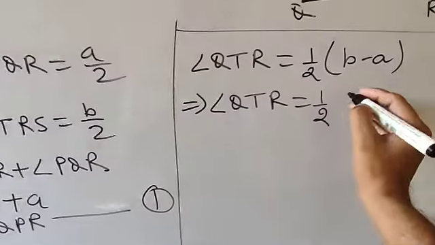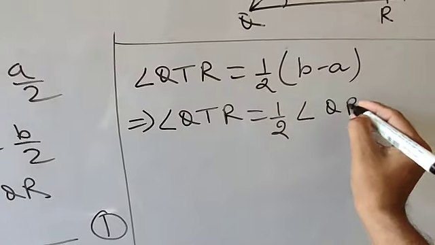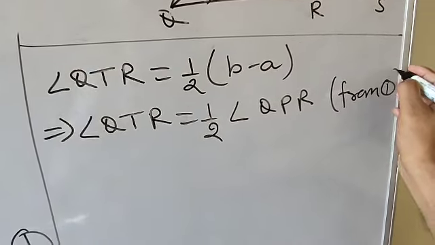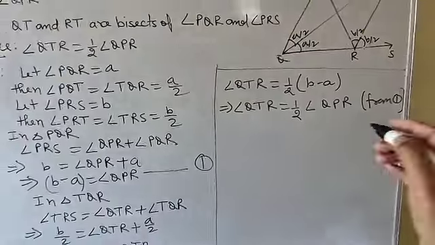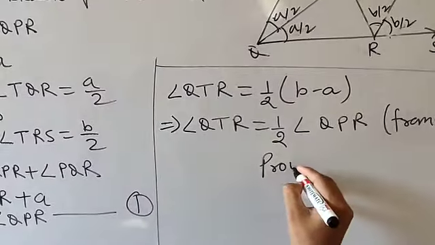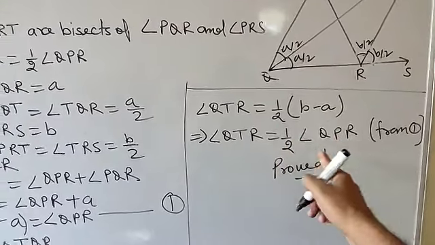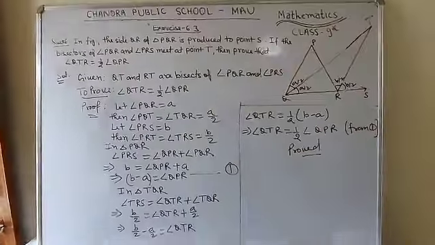So it can be written as 1 by 2 angle QPR, from equation 1. So students, that is proved. You needed to prove that angle QTR equal to half of angle QPR. So that is proved here.